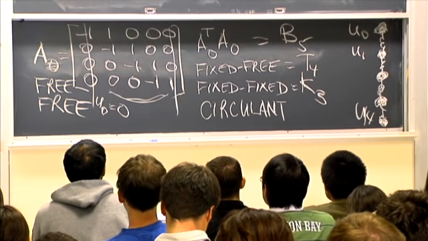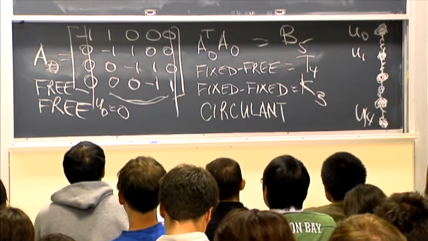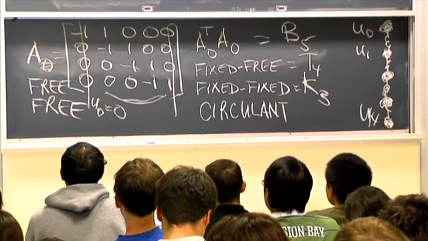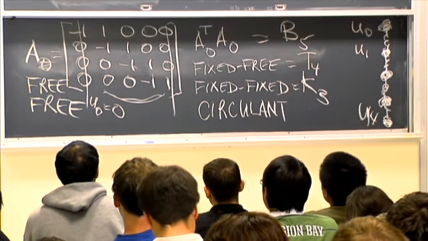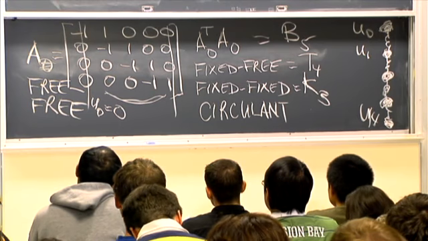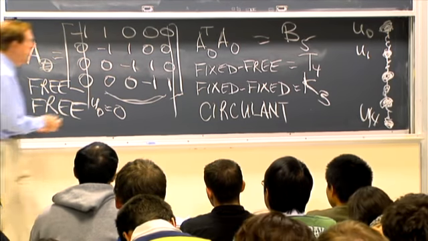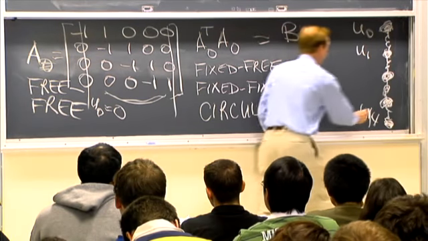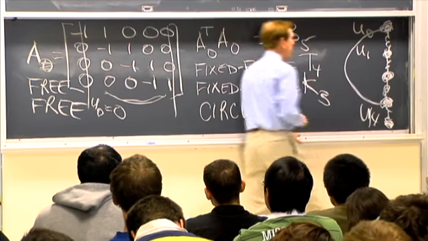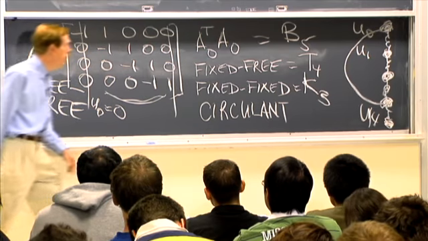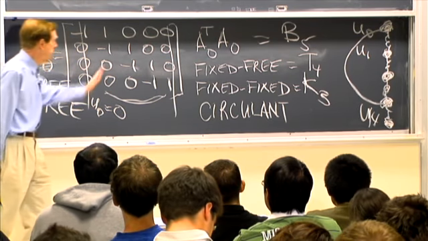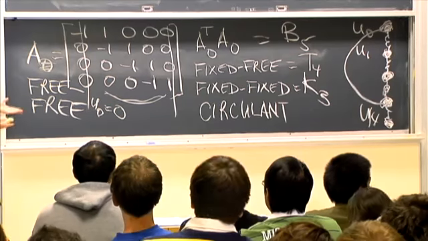And while we're at it, what would be the story? How would I get one of these circular ones, which is sort of on our special list? For Fourier, it's the really special guy. So for a circular one, I'm going to connect U4 back to U0. So I'm going to put these guys back in. And what else would change?